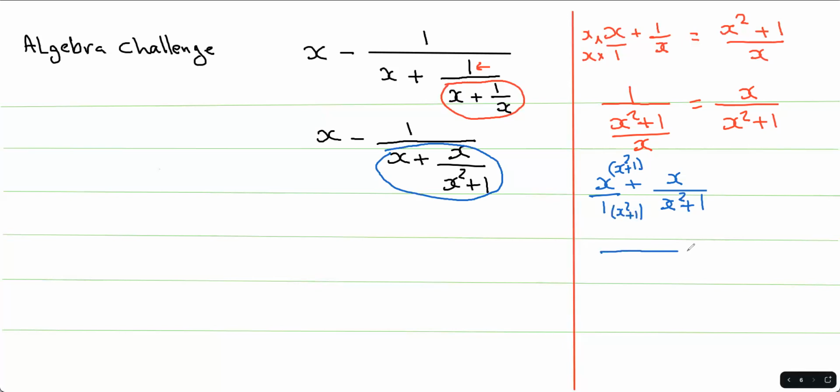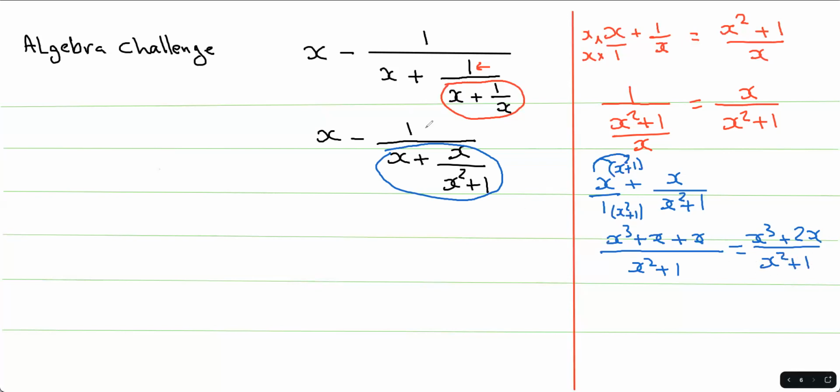And now this will give me the bottom is common denominator, x squared plus 1. And here we're just going to go x distribute into here, so you're going to get x cubed plus x, which is this one. And that's going to give me x cubed plus 2x all over x squared plus 1.